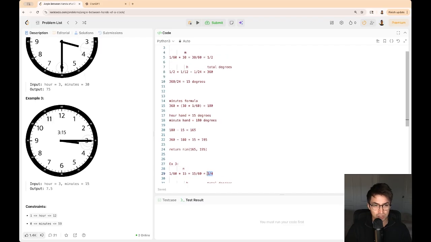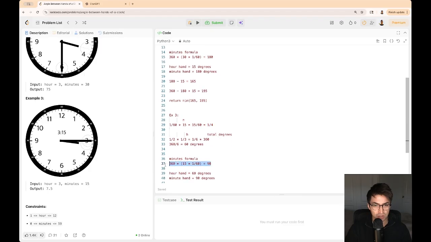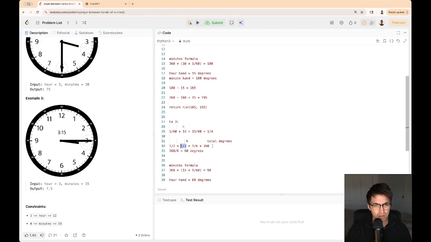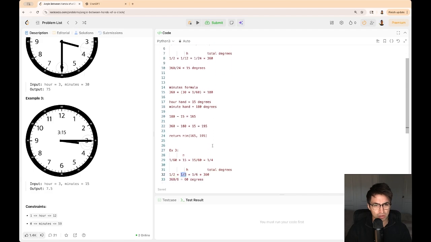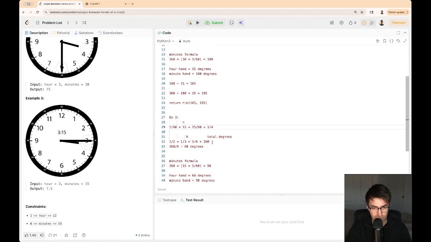That equals to 1/4, which is 90 degrees. So that's accurate. Well, I got it from here though. And then the hours. Why did I put 1/3? It's not 1/3. Yeah, I just inputted the hour I saw, but it's not 1/3. 1/3 is like right here. So I need to rewrite this line.